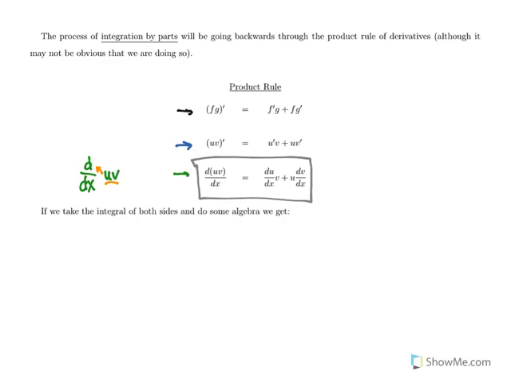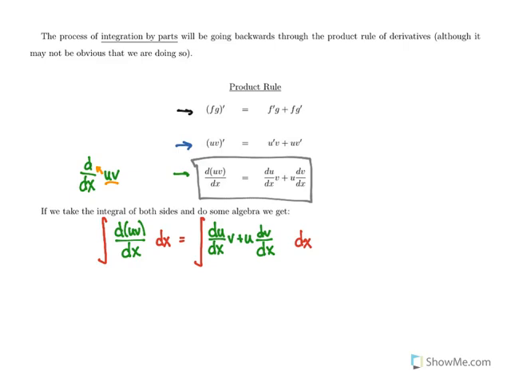So again, we are going to use this last iteration of the product rule, and we're going to take the integral of both sides with respect to x. So I'm going to write that down here. The integral of the left-hand side is going to be equal to the integral of the right-hand side. The left-hand side here is d(uv)/dx, and the right-hand side is (du/dx) v plus u (dv/dx).